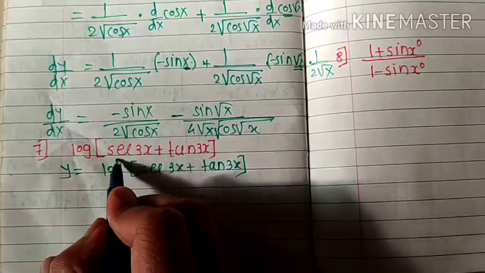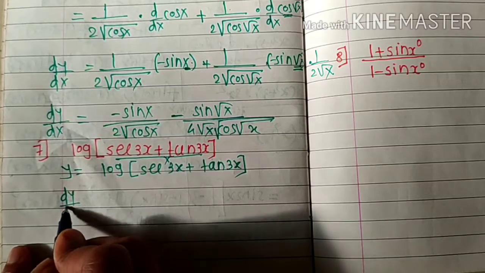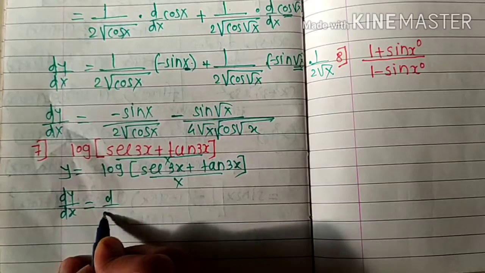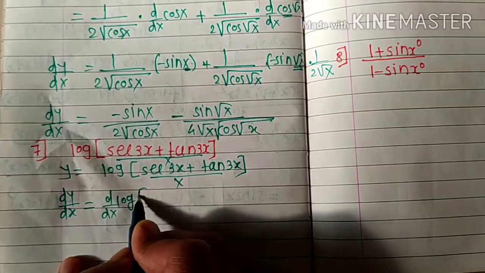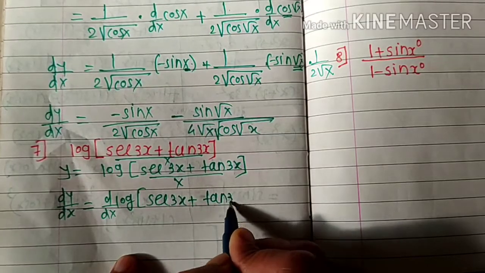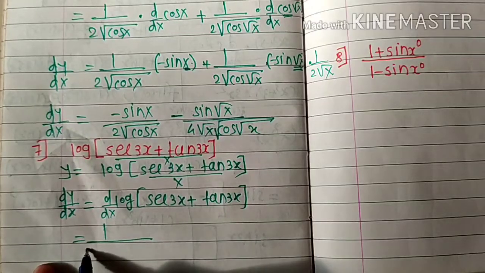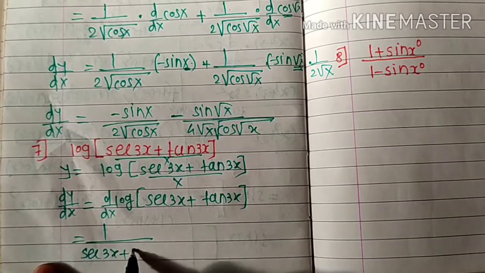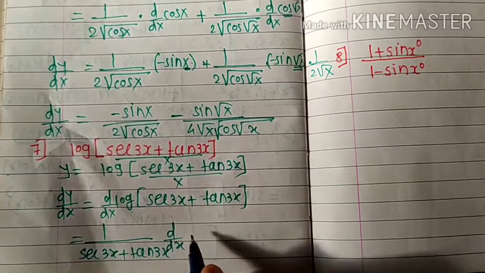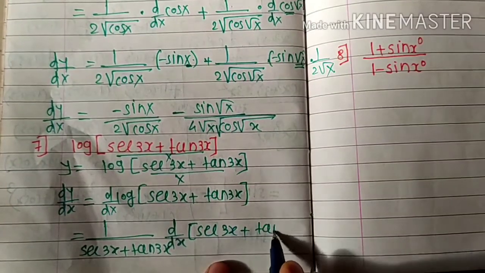Log of this composite function. Then denote this as x, then the derivative, dy by dx is equal to, if you consider this as x, then the log x derivative, you know that, is d dx of log of sec 3x plus tan 3x. Then the derivative of log x is 1 upon x, means here 1 upon sec of 3x plus tan of 3x, into the derivative of this function, that is the derivative of sec of 3x plus tan of 3x.